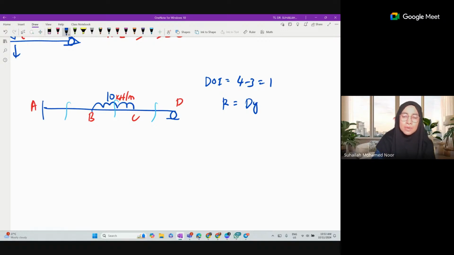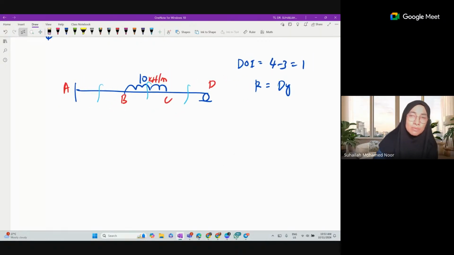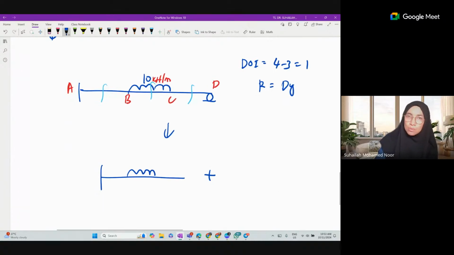Now let's say we choose Dy as the redundant, meaning that we remove Dy. So the beam after removing Dy is a cantilever, remaining all external loading. The one that we remove is Dy.